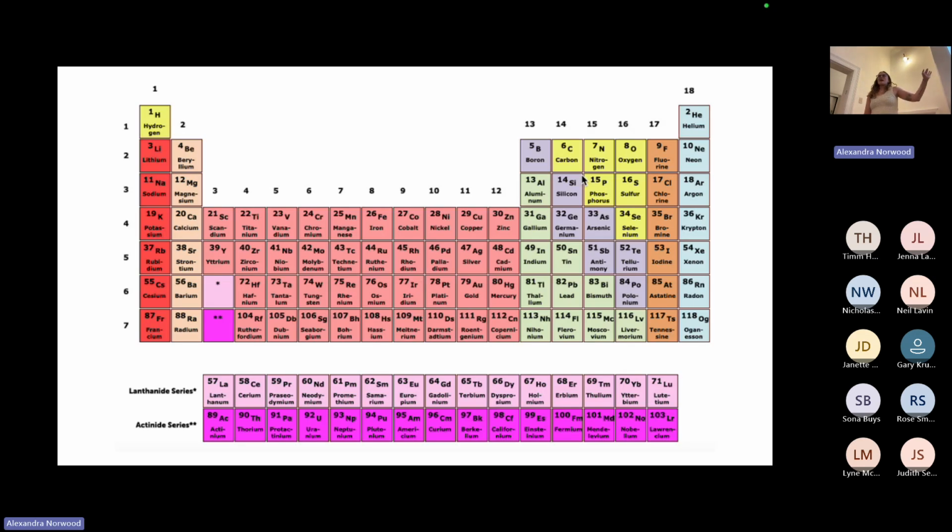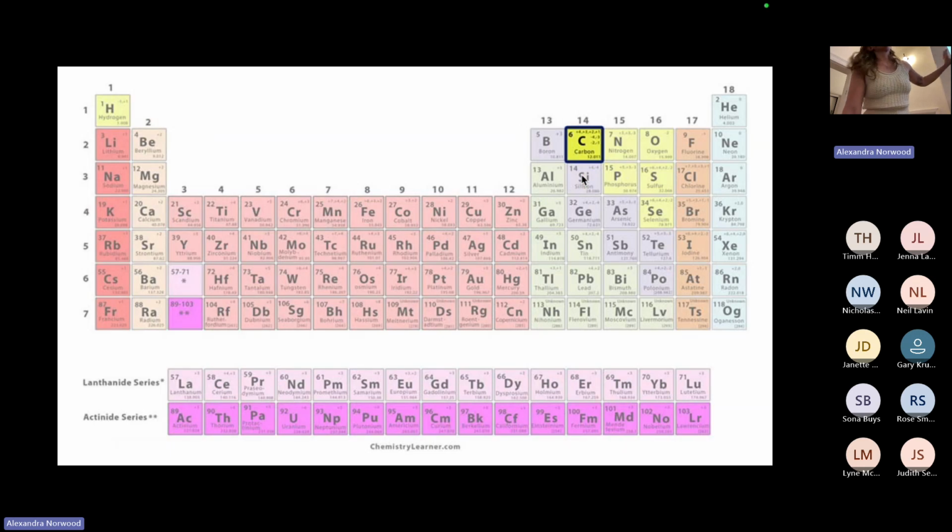This is the periodic table, which may ring a very distant bell from when you last took a chemistry class. Don't freak out, we're going to just zoom in on carbon for now. So carbon is the element that everything is made of. You know, we often hear Earth referred to as the carbon planet. Carbon is what makes up everything.